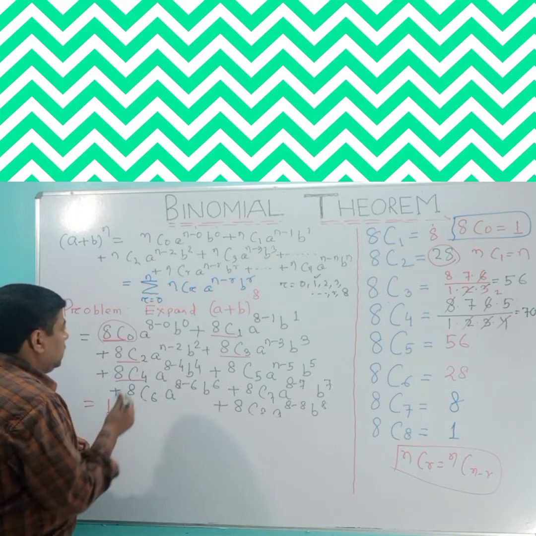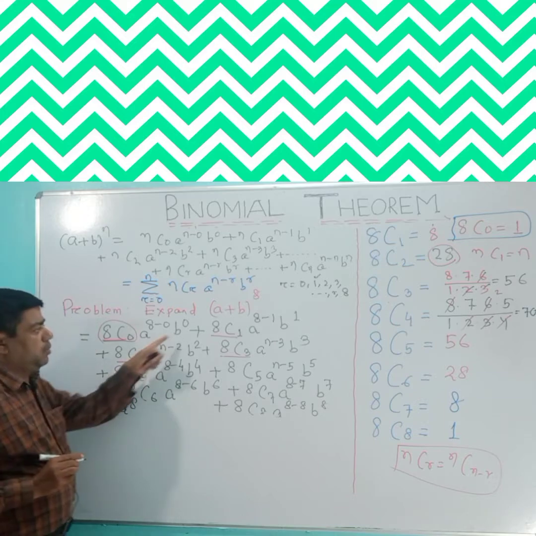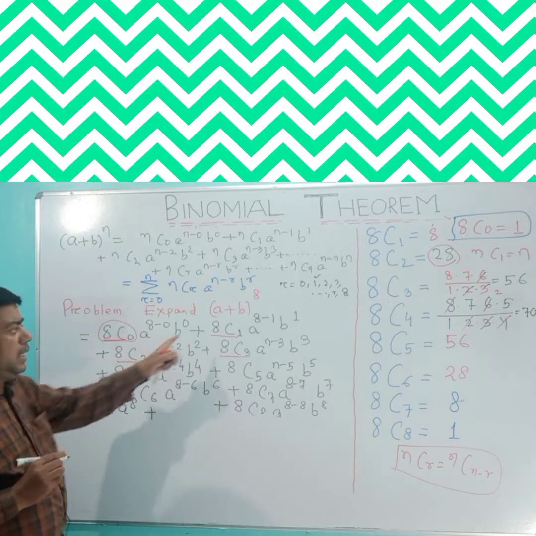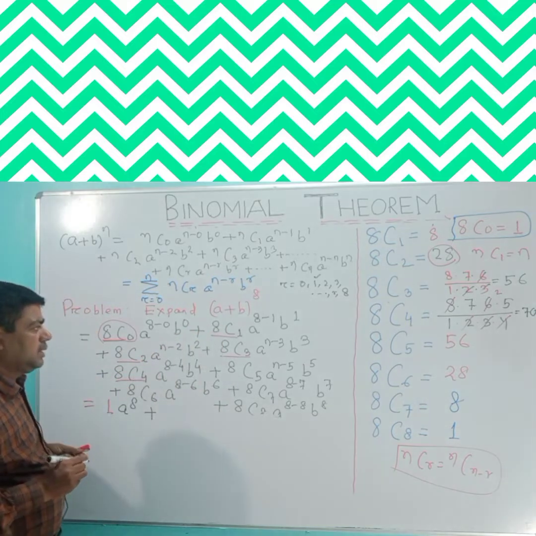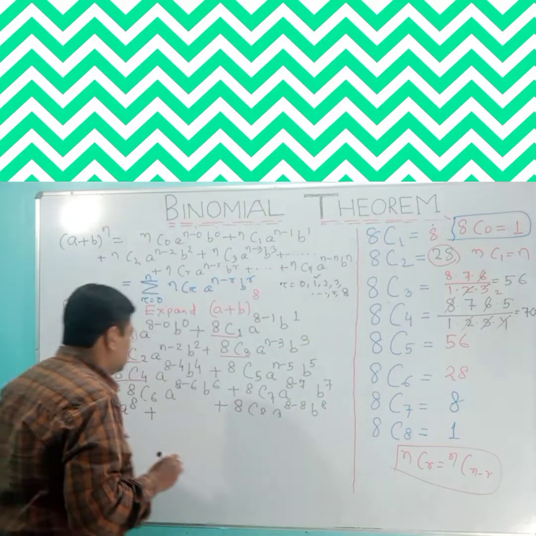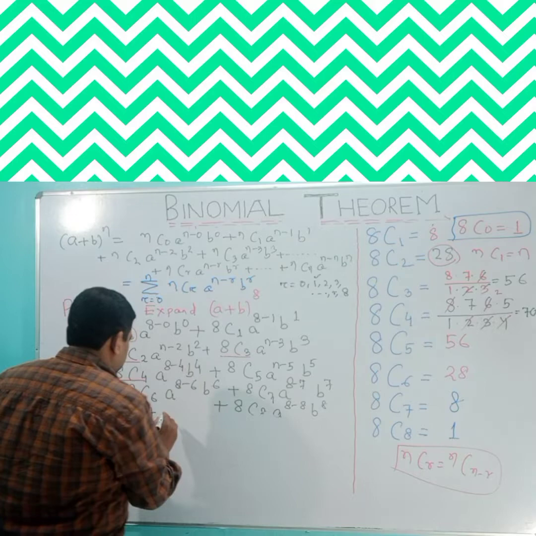Then a to the power 8 and b to the power 0, value 1, plus 8C1. What is the value of 8C1? It is 8. So in place of 8C1 we can write 8.